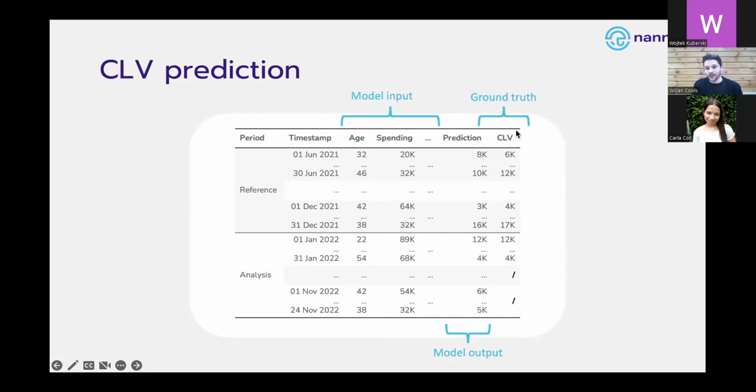We know the predictions, and of course, also the ground truth, because this is historical data used to test the machine learning model. And then at some point, we deploy the machine learning model, and then we speak of the analysis period that the model spent in production. We gather the same information, but the ground truth is not going to be available for all instances.